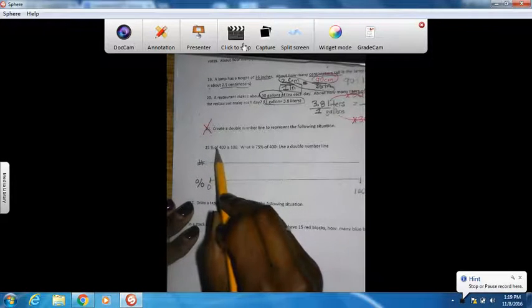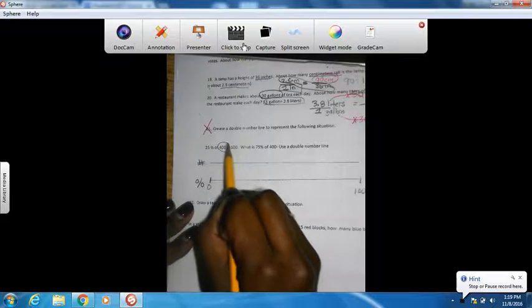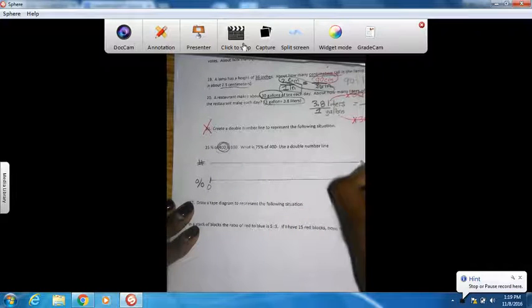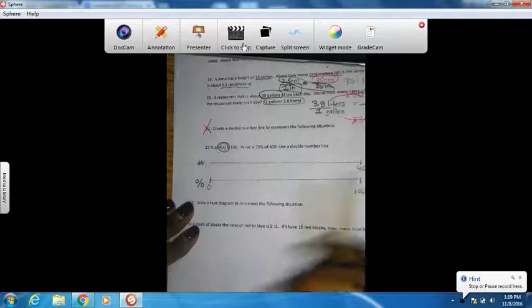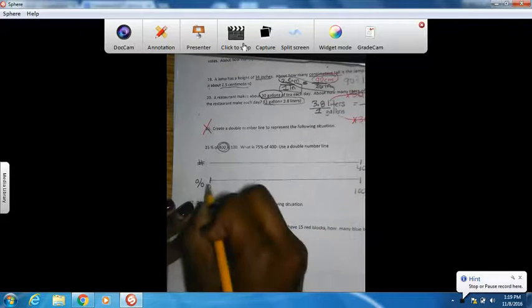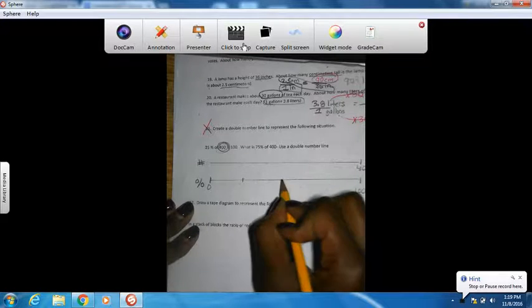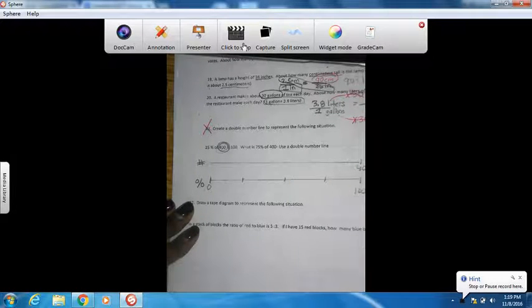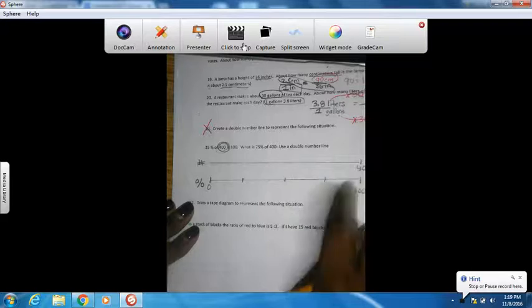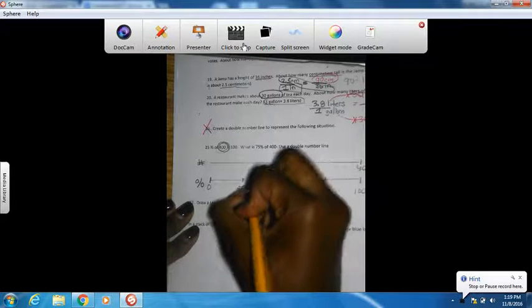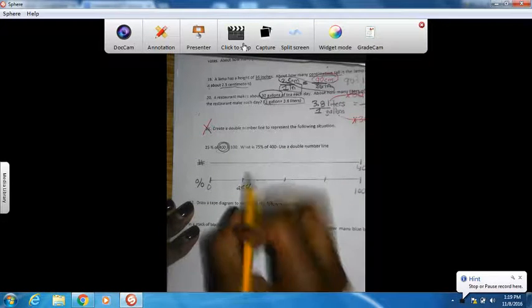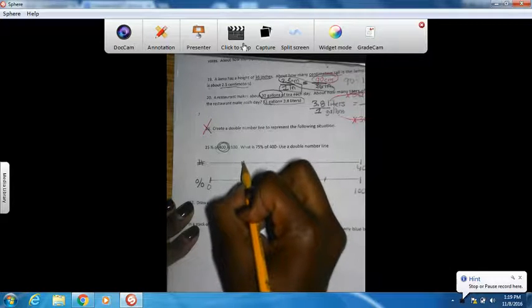25% of 400. So 400 is our total. And we know that 25% of this, so if we split this up into fourths, 1, 2, 3, 4, this will be 25%. And so let's go straight up. This number right here is going to be 100.